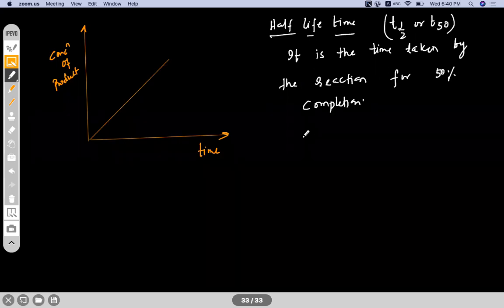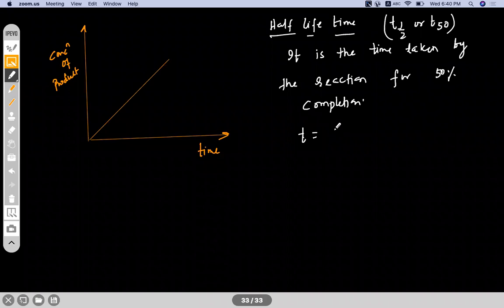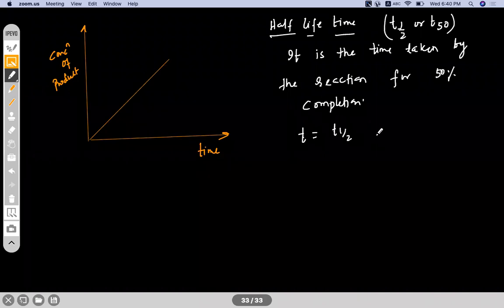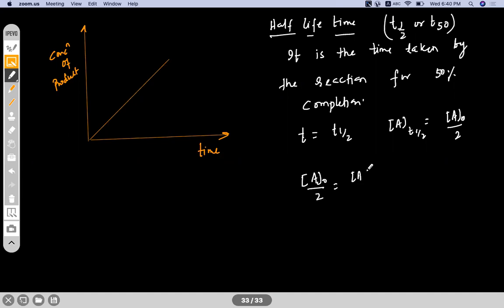So when we have t equals T half, the concentration left at time T half is equal to the initial concentration divided by 2. If I substitute this into the equation, we get A naught by 2 equals A naught minus k T half.